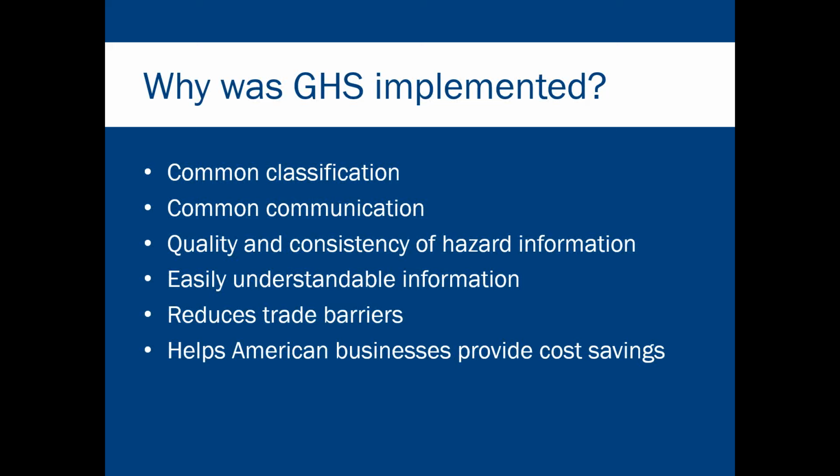The GHS will easily provide understandable information on chemicals, their handling, and safe use practices. GHS will reduce trade barriers and help American businesses provide cost savings in several administrative ways.